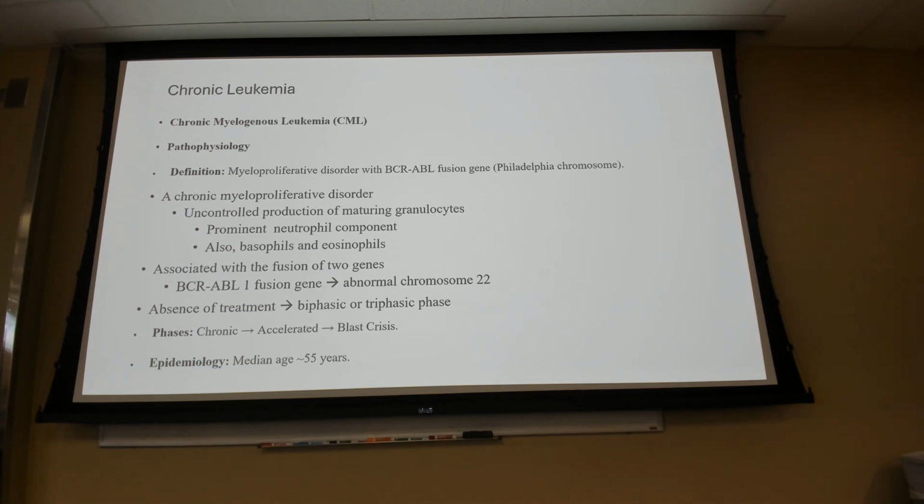So 2 to 3% is kind of normal. Chronic phase, certainly less than 20%, probably less than 10. Accelerated, now they're at that 10 to 20% phase of blasts. And then once they hit the acute or blast crisis, now you're at greater than 20%.